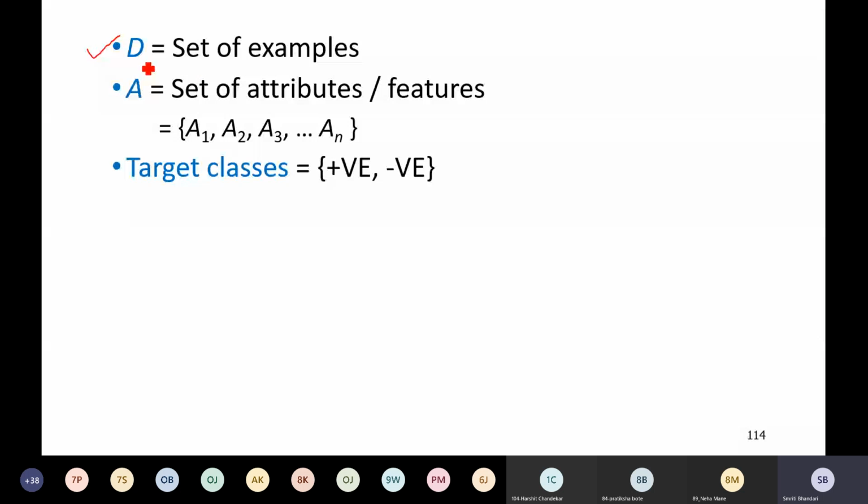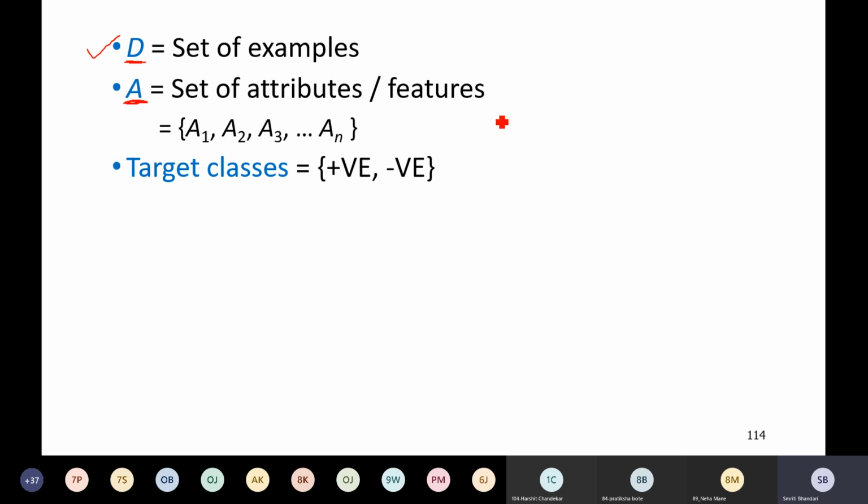So we have the training data set stored in this D. This D denotes the training data set, wherein we have several examples, several samples. Now let us assume that we have a set of attributes or features, denoted here as A. So what is A?